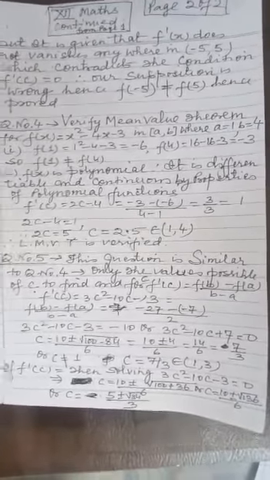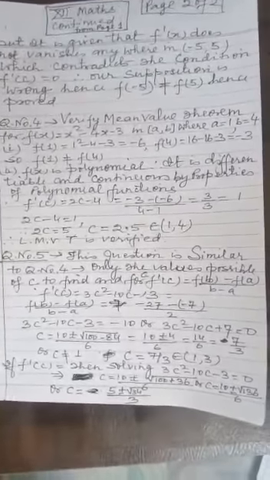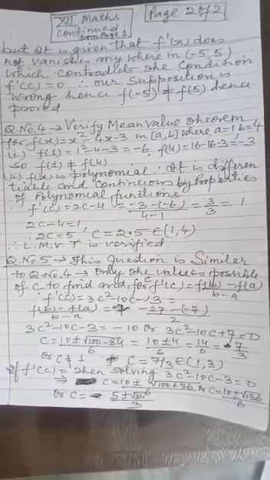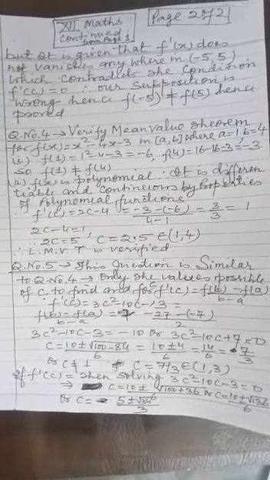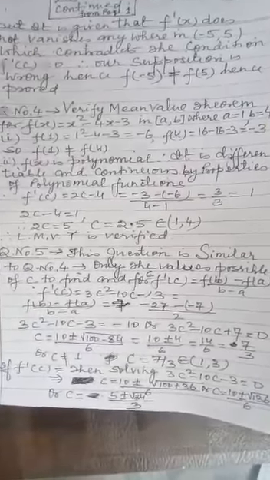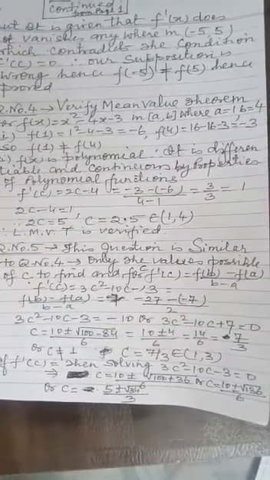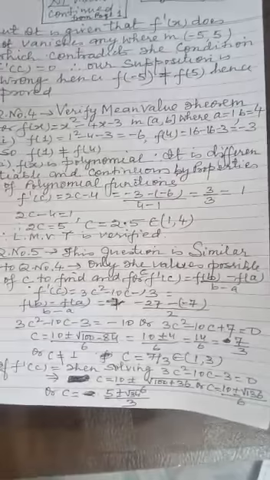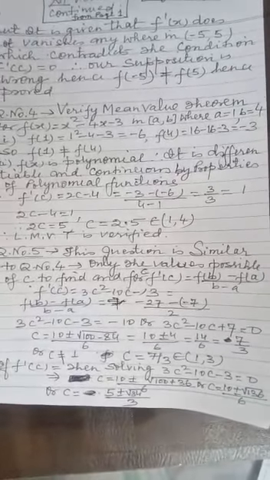Question number 5 is also similar to question number 4. Only the values are different to see for LMVT, and for Rolle's f dash c equal to 3c square minus 10c minus 13. After solving this quadratic equation you will get c equal to 1 or c equal to 7 by 3.